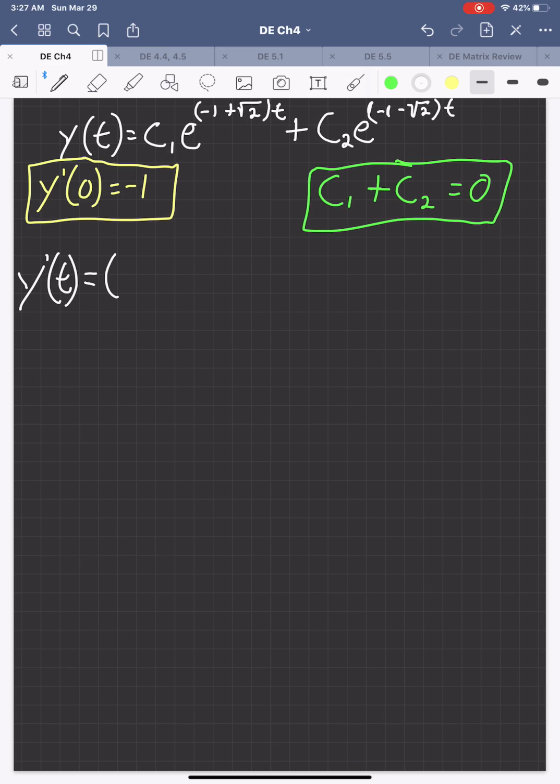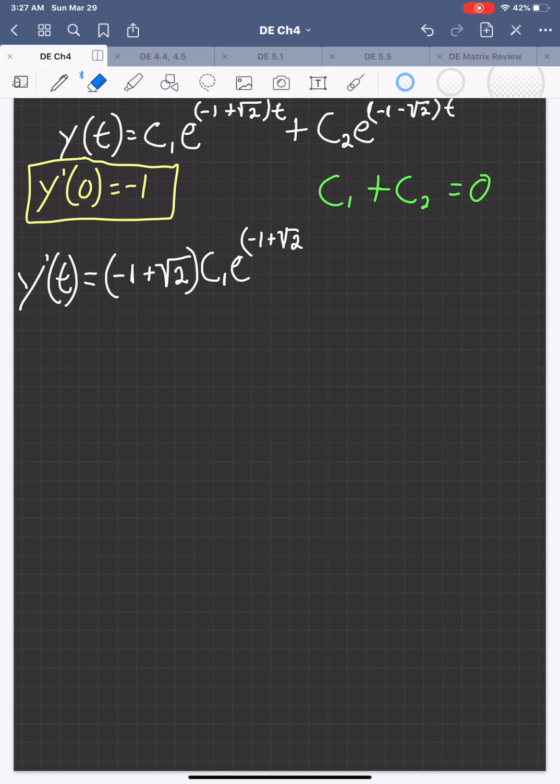We would have -1 plus the square root of 2 times c sub 1 e to the power of (-1 plus the square root of 2) t, plus now it would be -1 minus the square root of 2, c sub 2, e to the power of (-1 minus the square root of 2) t.